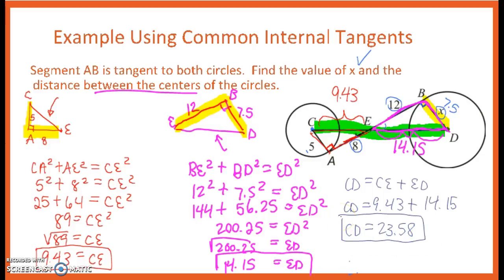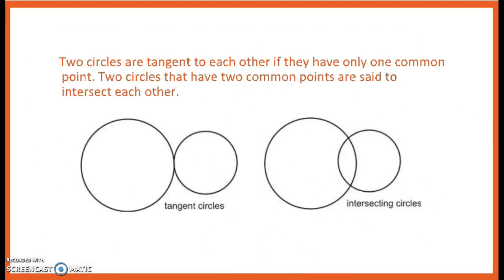Alright, so now we've seen examples of common internal and common external tangents. We've seen an example using each, and I just have 2 more quick slides of vocabulary to take a look at to wrap up this recording. So here we can see 2 circles are tangent to each other if they have only one common point. So if you look at the diagram on the left, we have 2 tangent circles. We call them tangent because they intersect at only one point here.